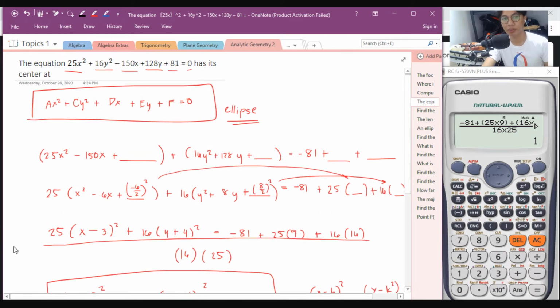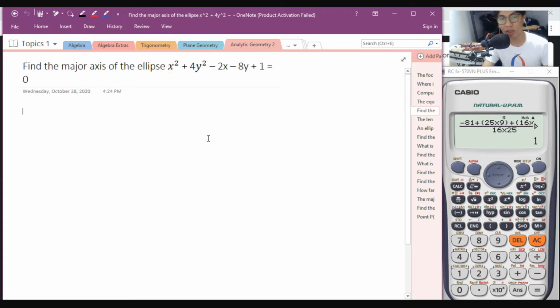Matagalan talaga. Next problem. Find the major axis of the ellipse. X squared plus 4y squared minus 2x minus 8y plus 1 equal to 0. Completing the square ulit. Lipat ko na yung 1 dito.